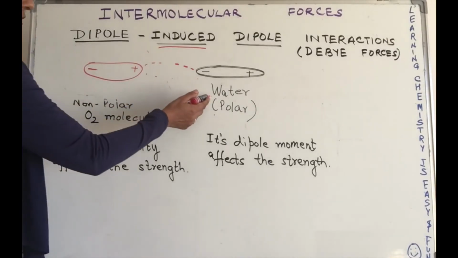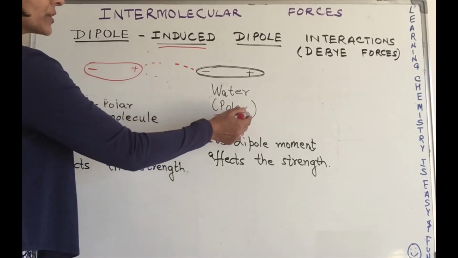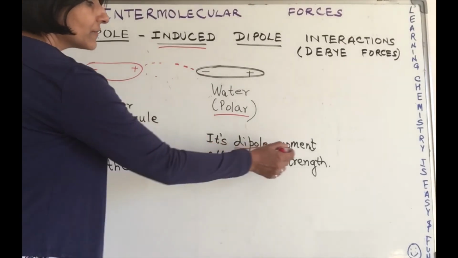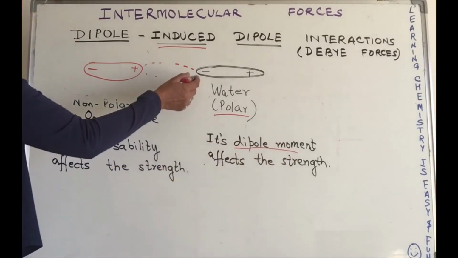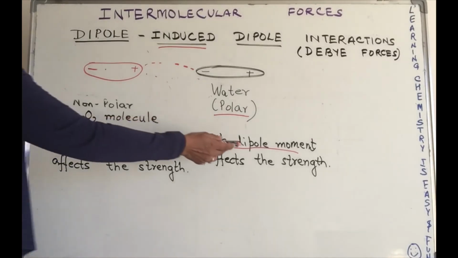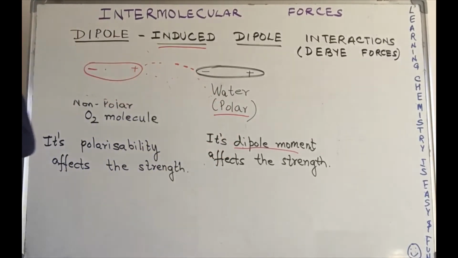Of course, the molecule which is causing the polarity should have enough dipole moment in order to affect the polarity of the non-polar molecule. So the dipole moment of the polar molecule affects the induced dipole in the affected molecule.